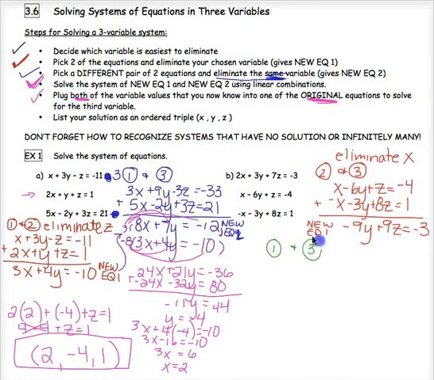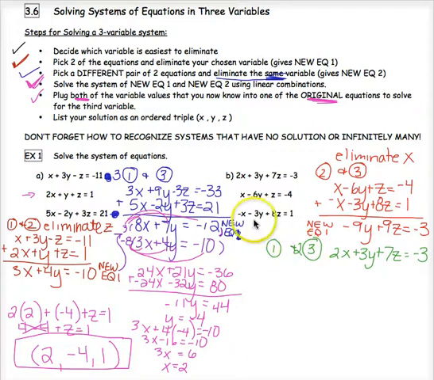Now, because they're not already opposites, I have to multiply that third equation by 2 to get 2x and negative 2x. So I indicate that I'm multiplying the third equation by 2 just like this. So the first one staying how it is, so recopy it, 2x plus 3y plus 7z equals negative 3.